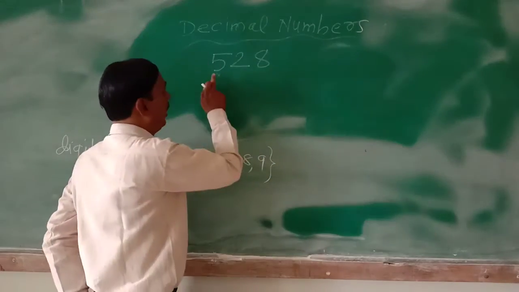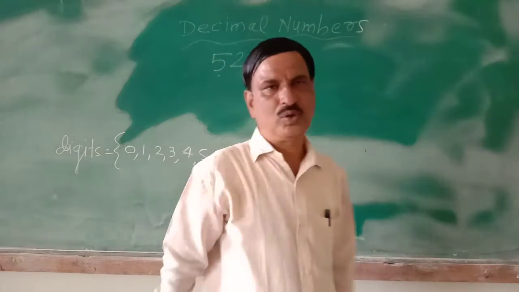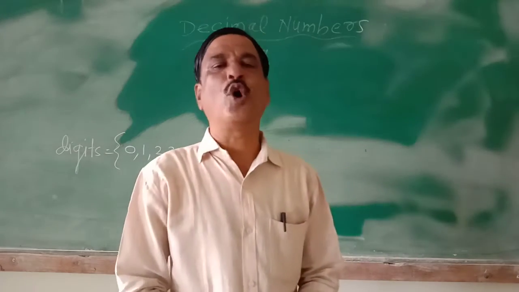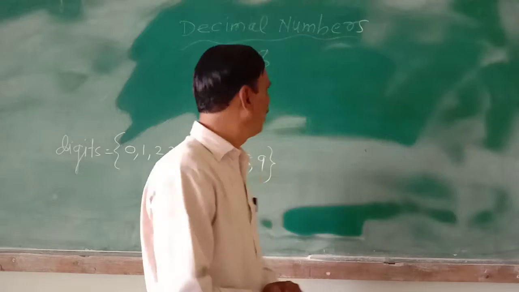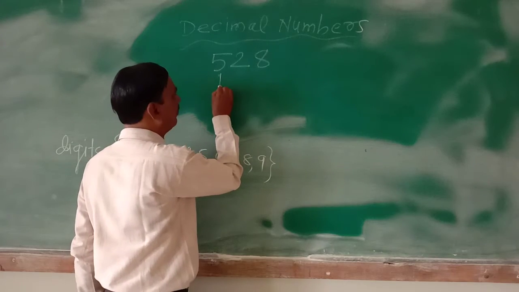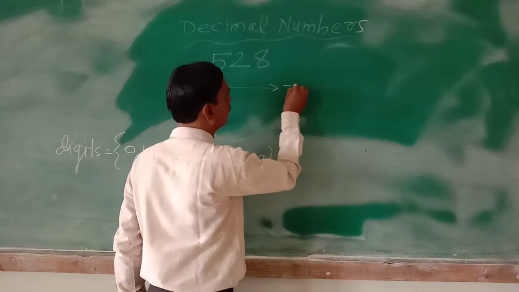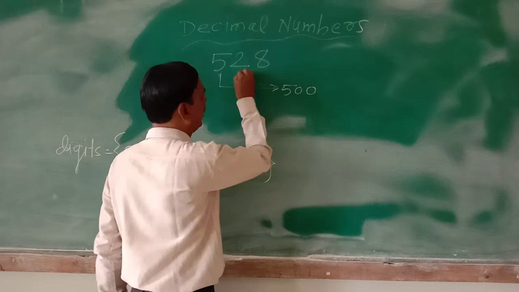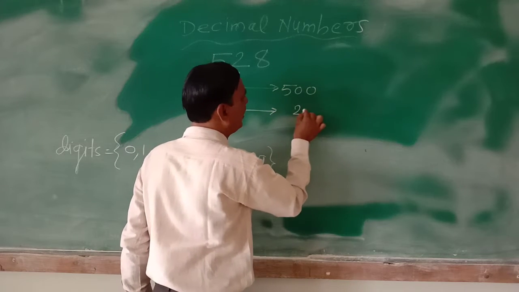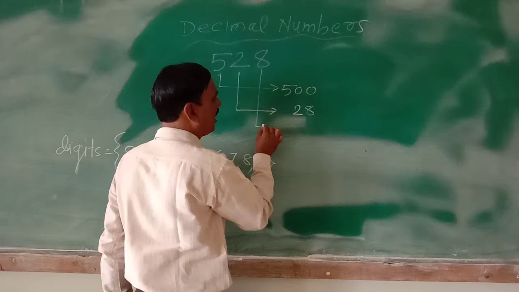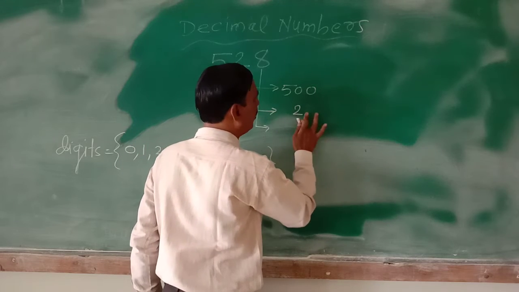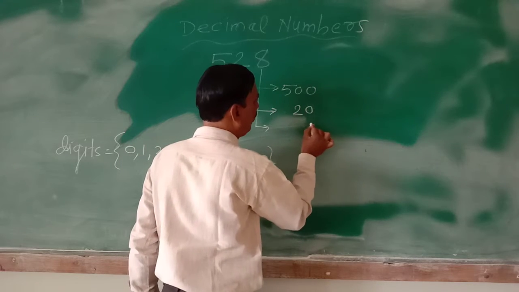So here what we call this number? We call this number 528. So 5 stands for 500. Here 2 stands for 20. 8 stands for only 8.